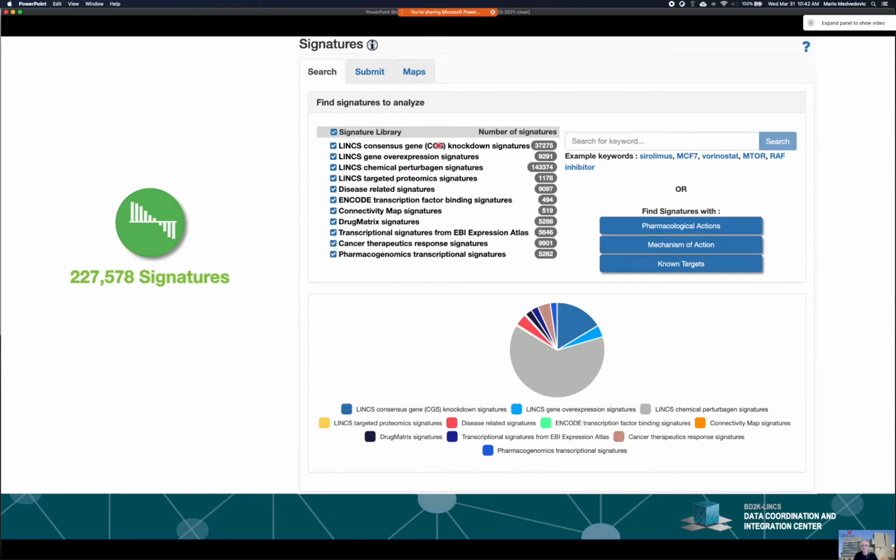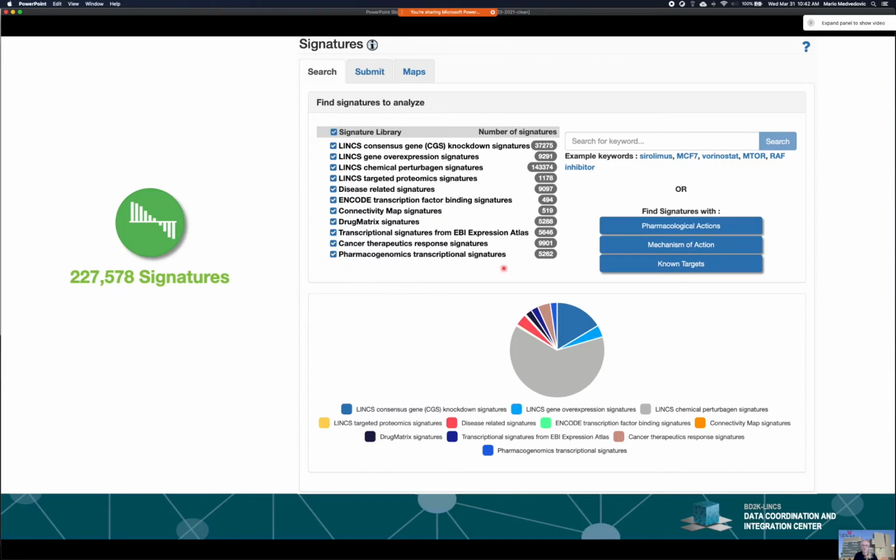These are either knockdown signatures, these consensus gene signatures, 37,000 of them, overexpression signatures, and then chemical perturbation signatures, which cover all drugs, but also other bioactive small molecules that we often have no idea what they do, but they produce some kind of transcriptional response. We also have targeted proteomic signatures, which I'm not going to discuss here.